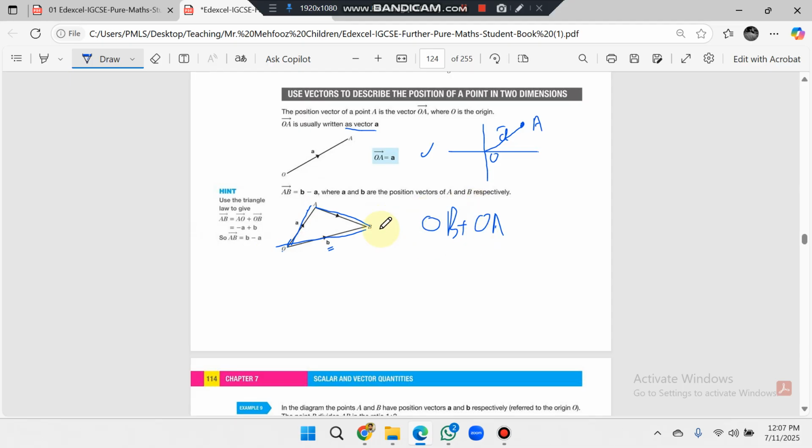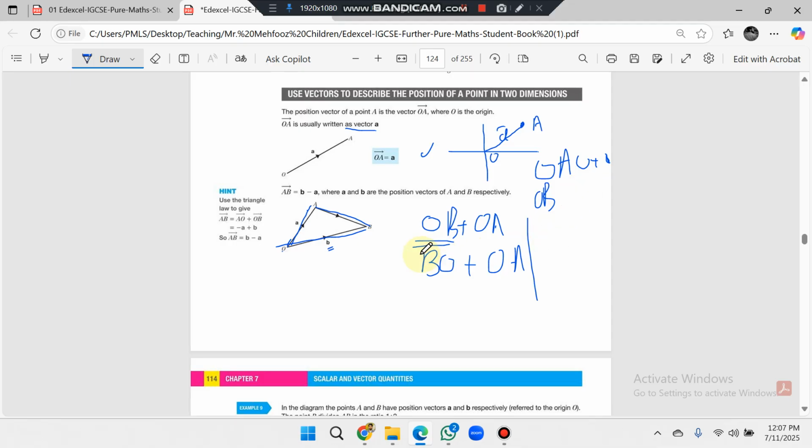So if you are finding the value of AB, OB is not used, so we use BO in place of it, right? Or you can also use it this way. It's up to you, right?